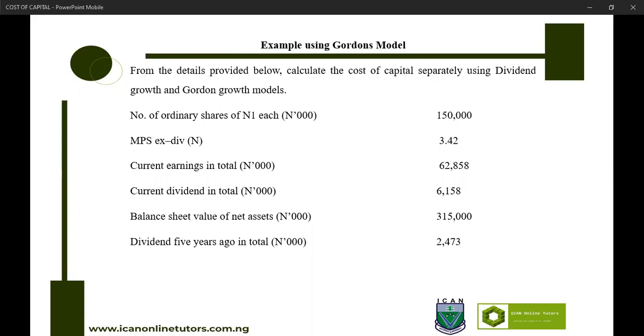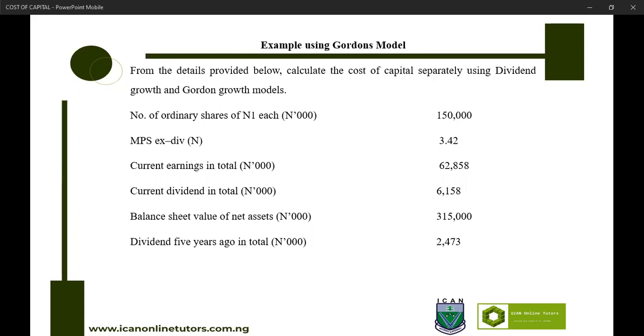We have the number of ordinary shares of ₦1 each, in 1,000, 150 million naira. Market price per share, ex dividend, that is excluding dividend, ₦3.42. We have current earnings in total, that is total profit after tax, 62,858,000.